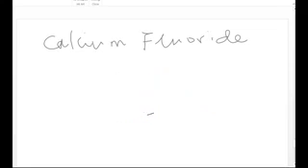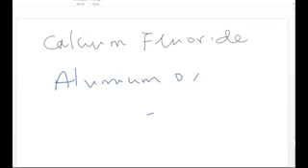So now tell me the name of this compound. Aluminum oxide. I want to see how you are reasoning. Aluminum oxide.